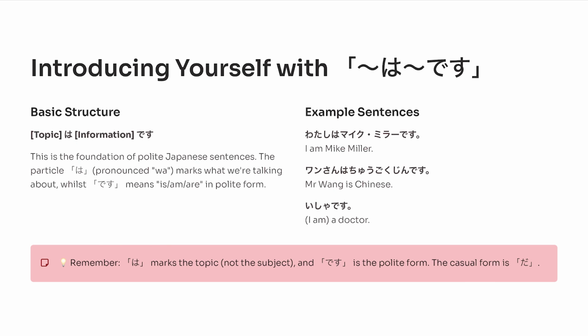For example, 私はマイク・ミラーです。I am Mike Miller. ワンさんは中国人です。Mr. Wang is Chinese. And 医者です means I am a doctor. Just remember, wa marks the topic, not the subject, okay?